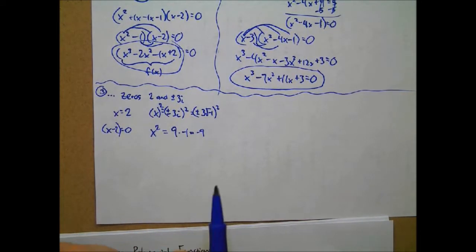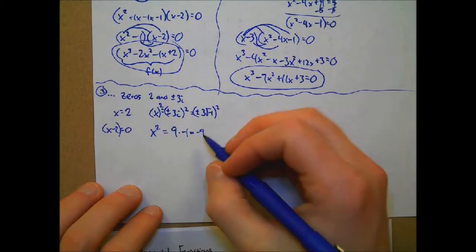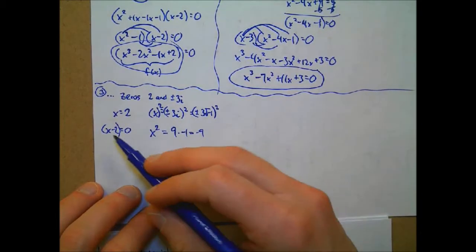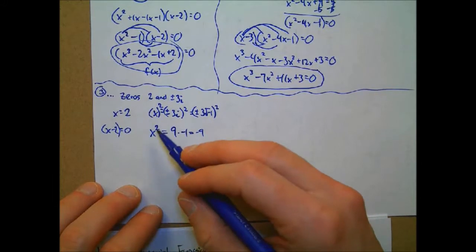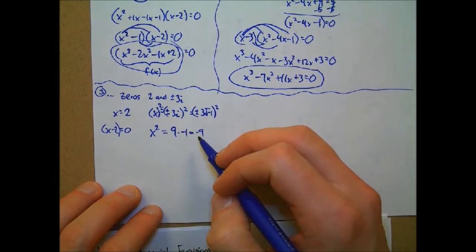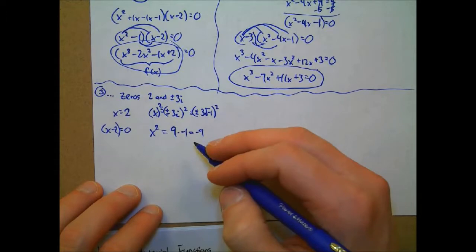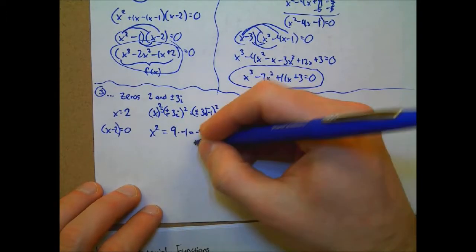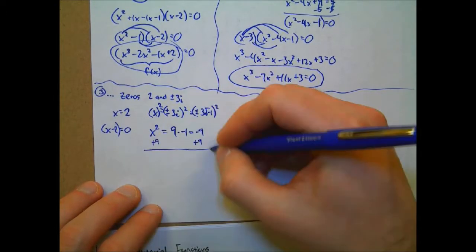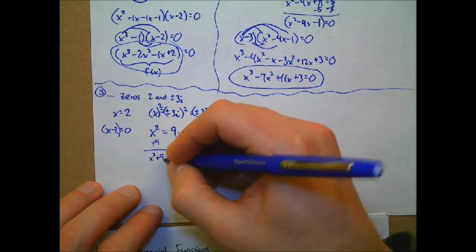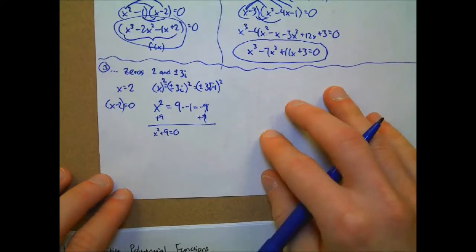Yep. Okay? Now, remember, our factor needs to be equal to 0. Right now, I have x squared equals negative 9. So what do I need to do to make this thing equal to 0? Not subtract. Add 9. There you go. Add 9 to both sides. So we get x squared plus 9 equals 0. So there's our other factor.